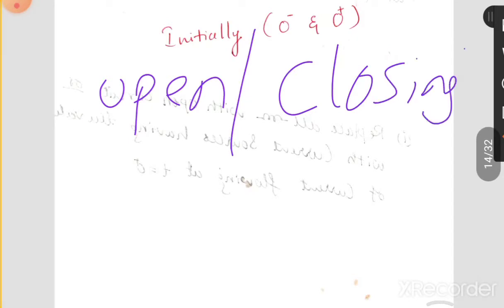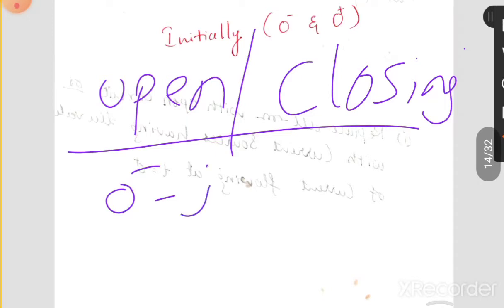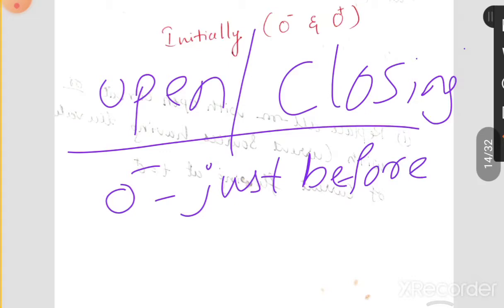Whatever switching action you do, 0 minus means just before. We don't know whether you are just before opening the circuit or closing the circuit, but 0 minus means just before. And what do you mean by 0 plus?